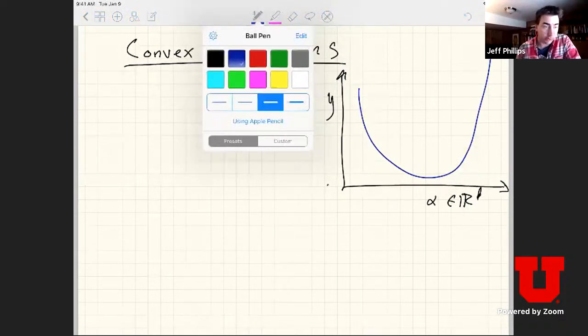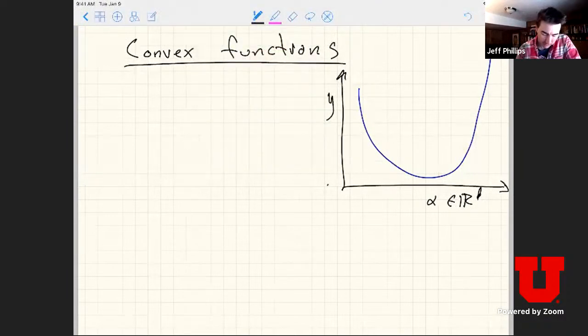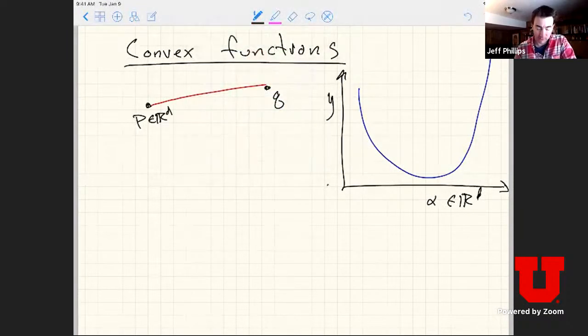So I'm going to have two points, P and Q, and I want to think of the line in between them. These points could generally be in R^D, or the graph will be in R^(D+1).